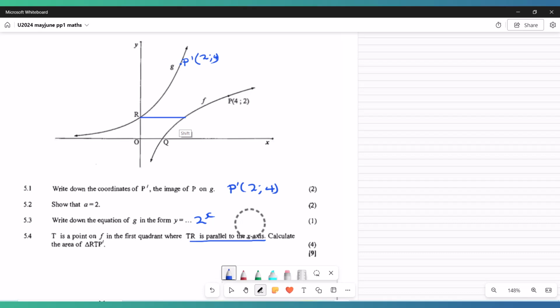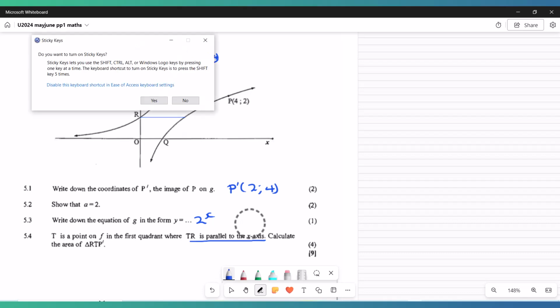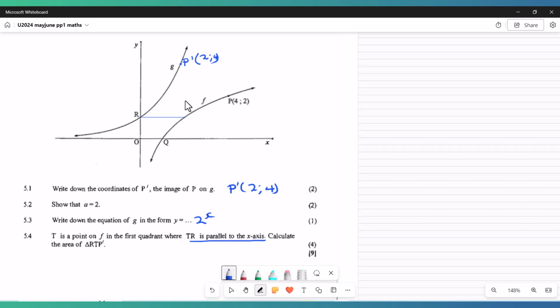That's my point T, and my R is there, from my g. Then they say P prime, so I must join it to P prime. P prime is up there. Let me join it here. Then I must form a triangle, triangle RTP prime, so from R here to P prime.